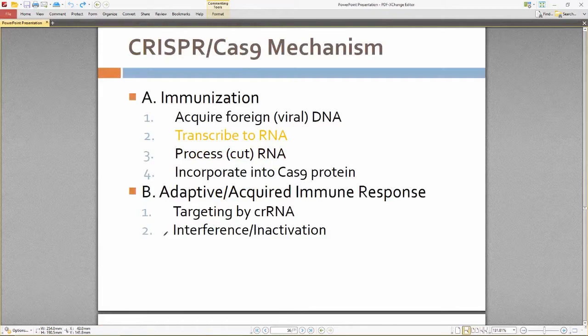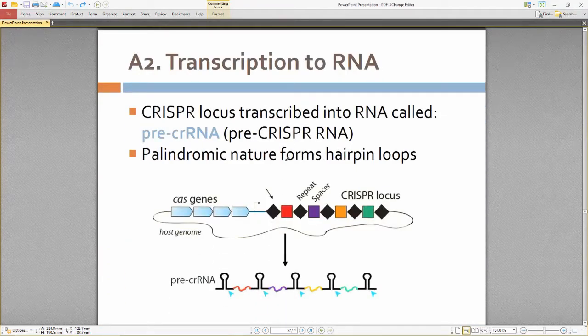Step 2 of immunization: you transcribe the CRISPR locus to RNA. The entire CRISPR locus is transcribed to RNA. When the CRISPR locus is transcribed into RNA, we call it pre-cRNA or pre-CRISPR RNA.